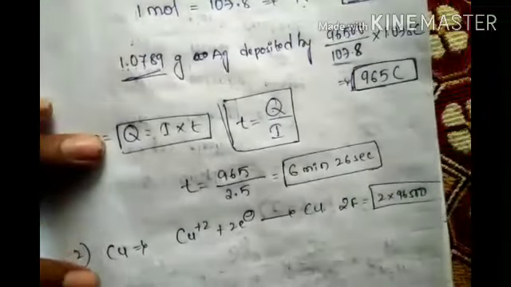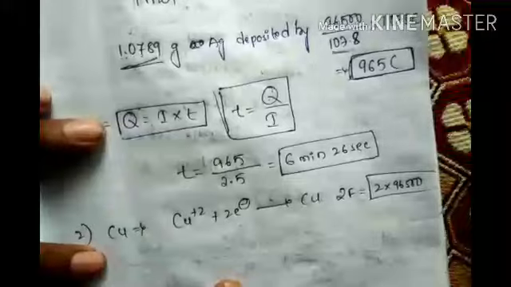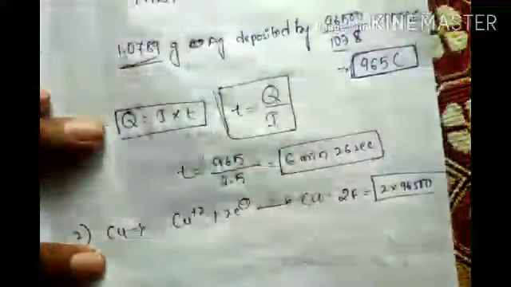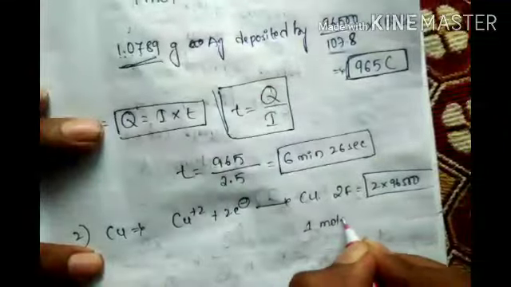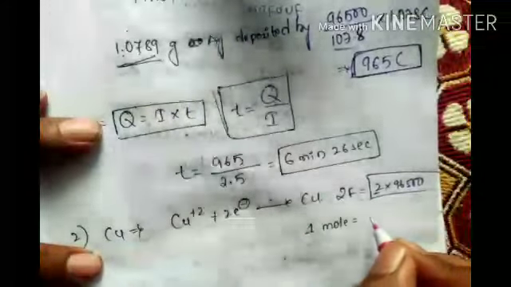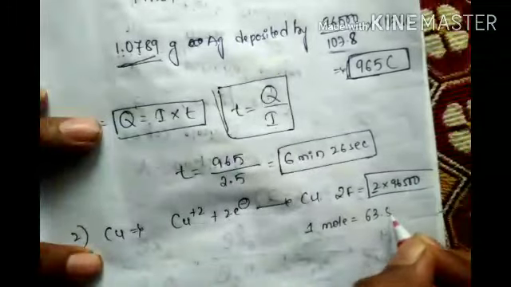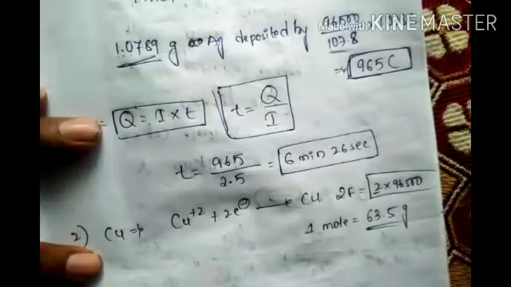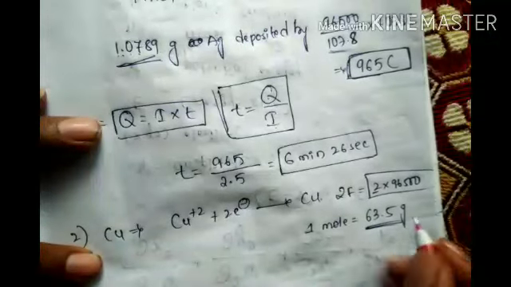Now point number 1 is completed. Next, what is the copper weight? 2F gives 1 mole, fully one mole, which is 63.5 grams, the copper molecular weight.